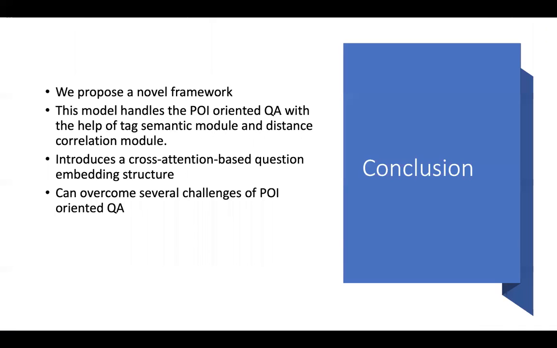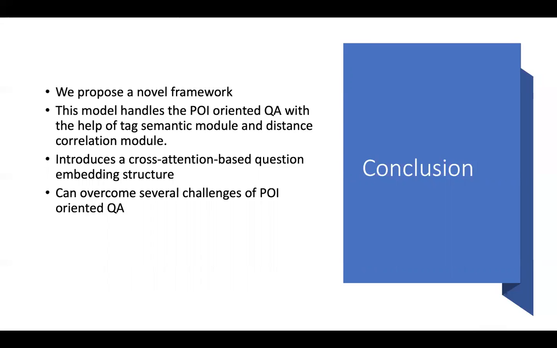So, in conclusion, in this paper, we propose a deep learning framework with joint inference to solve the POI-oriented question answering task. Our main contributions lie in three aspects. First, this model handles POI-oriented QA with the help of a text semantic module and a distance correlation module. Second, by introducing a cross-attention-based question embedding structure, we achieve a precise and flexible representation of questions.